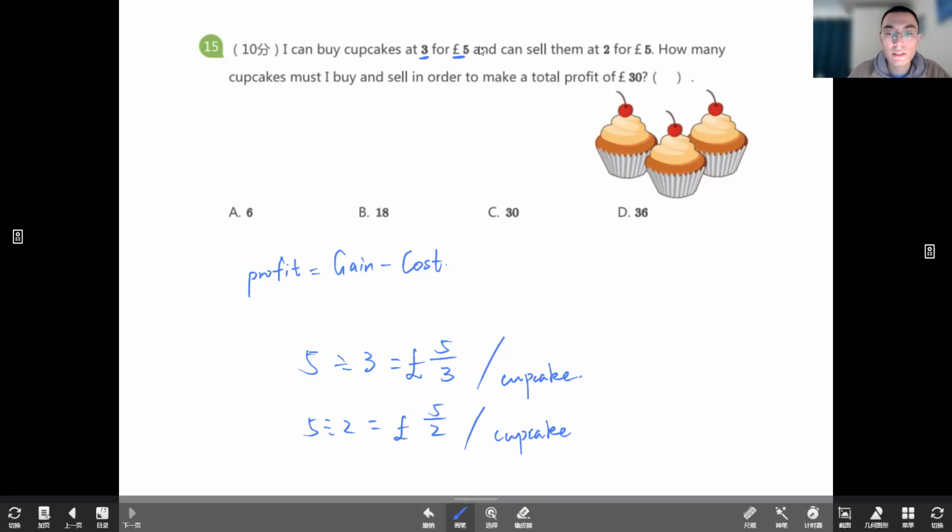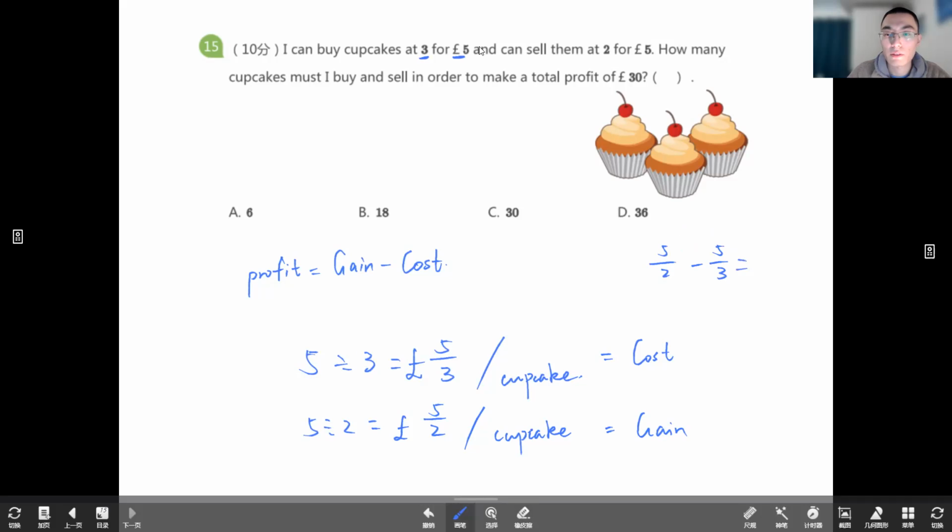This is the cost, and this is the gain. We plug these two back into the equation, and that tells us the profit for one cupcake is 5 over 2 minus 5 over 3.